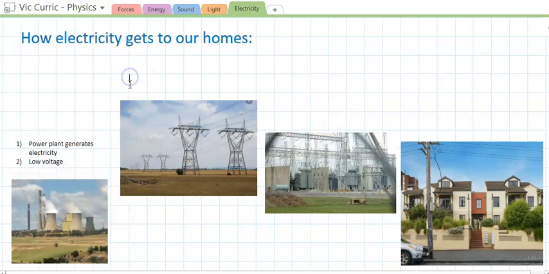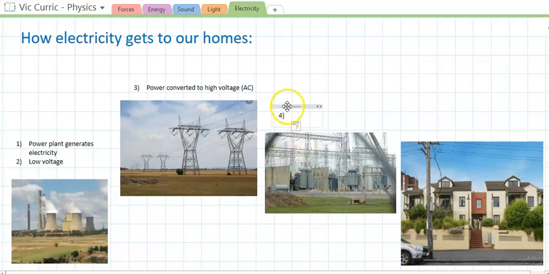So the next step is that the power is converted to high voltage at the power plant, and it travels along these high voltage power lines that you've probably seen out in the country. So now that it's high voltage, and remember it's also AC, because that's more efficient too, the high voltage power travels along the power lines until it arrives at a city or a town that needs some power.